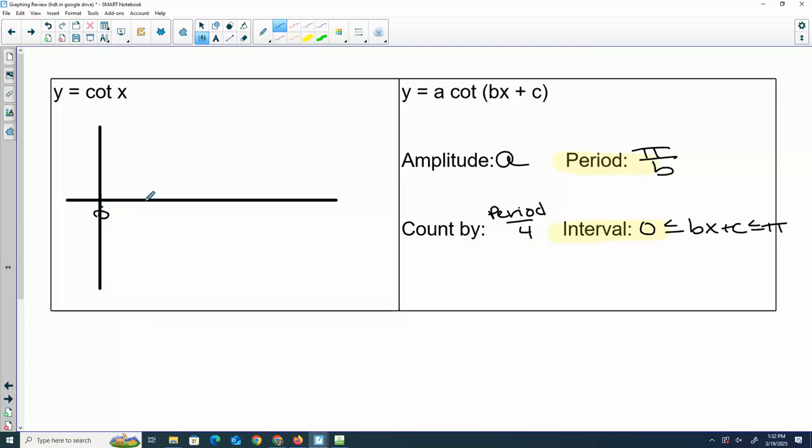We start at 0, we count by pi over 4. And just like with tangent, we pick this because that gives us asymptotes on both ends. That's why we have the funky intervals, so that we can draw a complete graph in the middle.